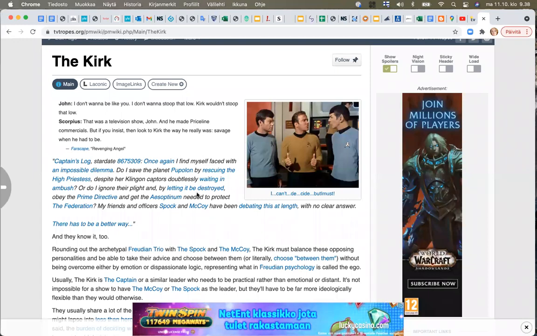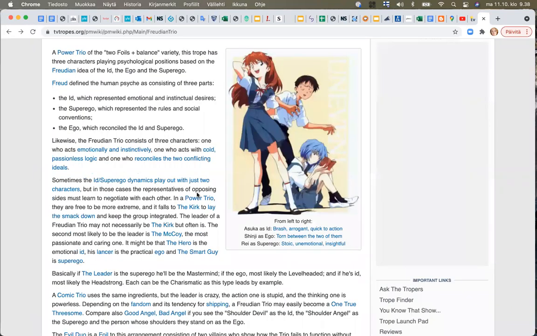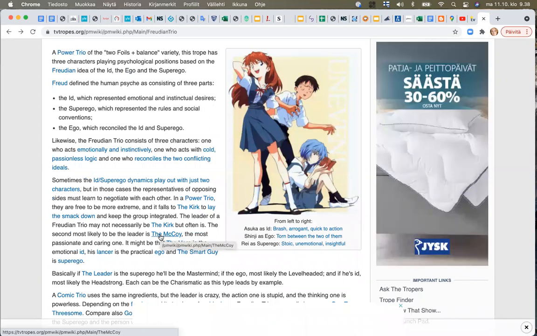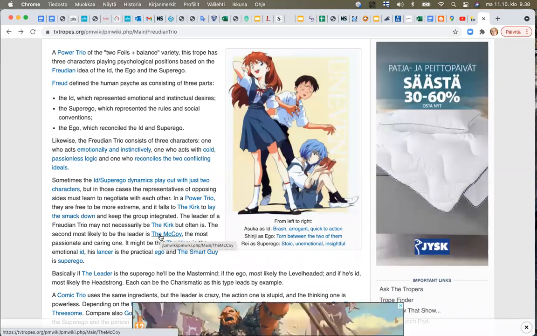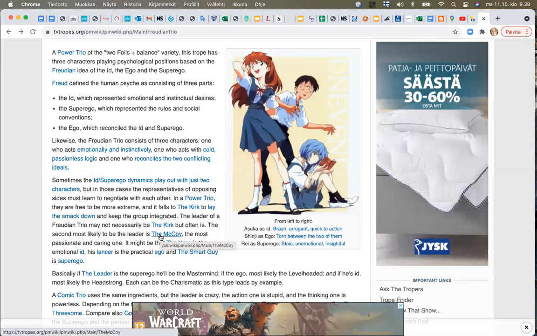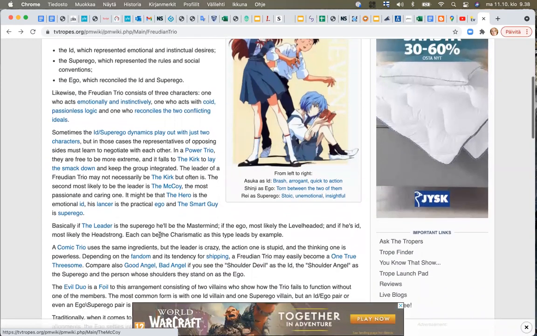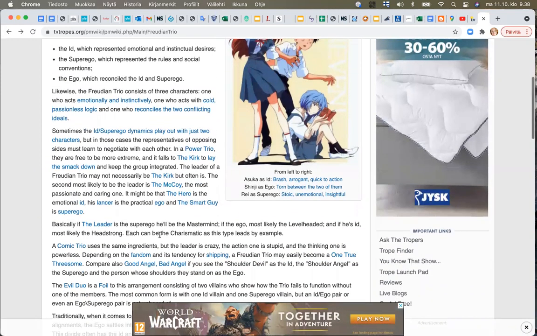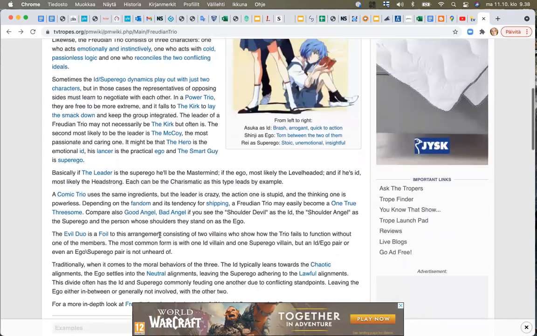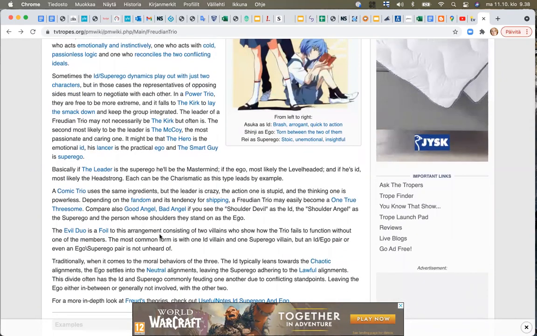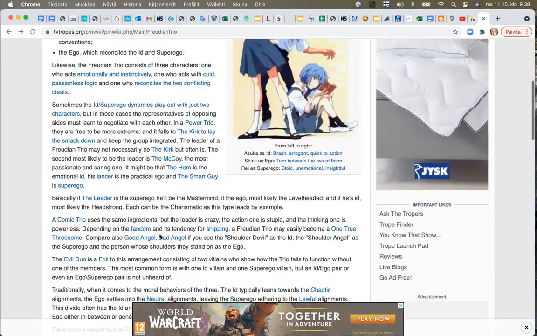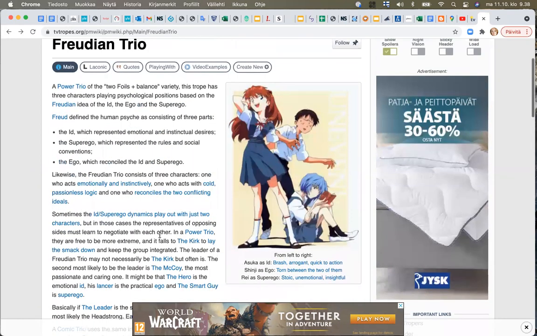Yep. And McCoy is also a trope, and Spock, and so on. Okay, and here are some cases where one of these is the leader.